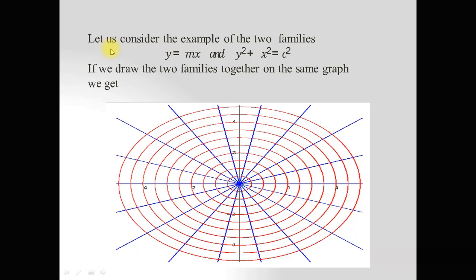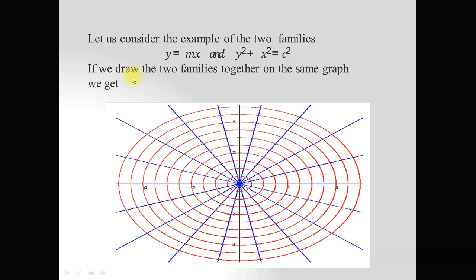So let us consider the example of two families. This is a family of lines, y = mx. This is the equation of lines, so this equation represents a family of lines, and y² + x² = c². This is another family of curves.